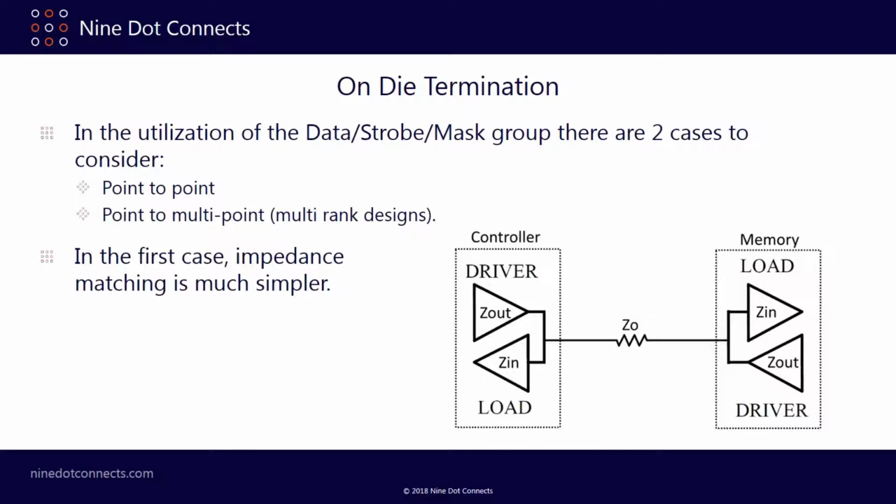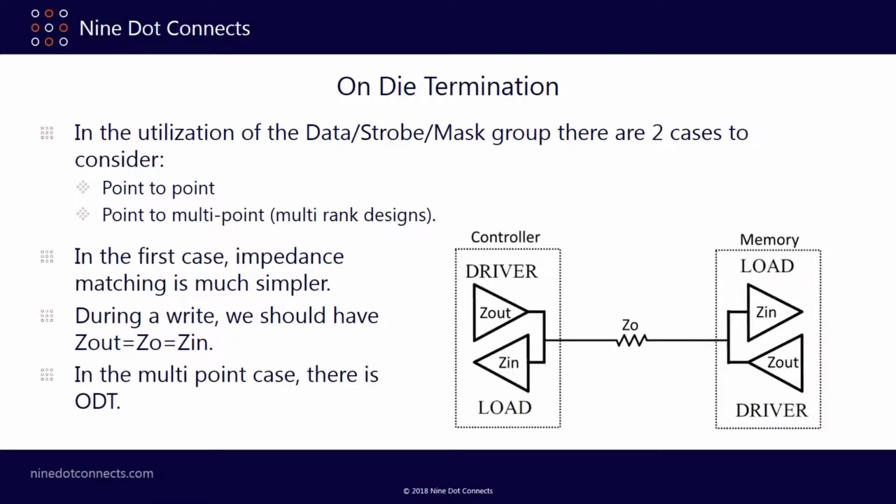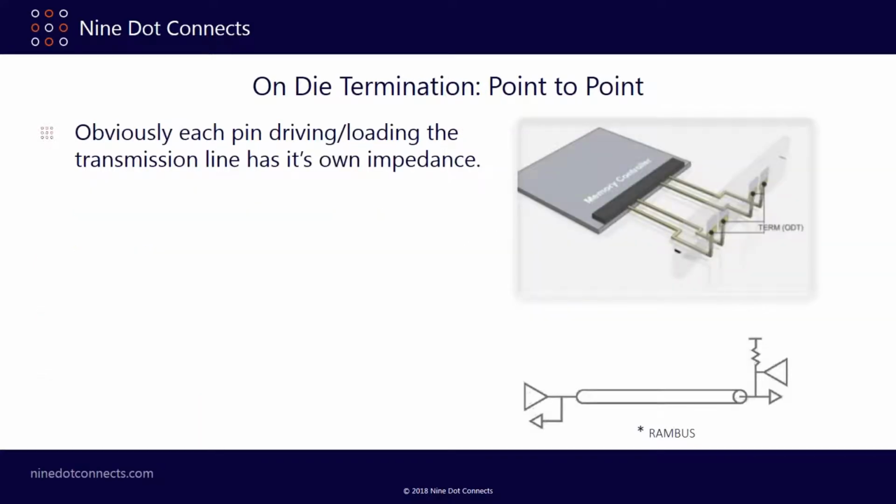In this first case, the impedance matching is much simpler. During a write, we would have the output impedance of the controller equal the transmission line, and that equals the input impedance of the memory itself. But in the multi-point case, we definitely need on-die termination. Obviously, each pin driving and loading the transmission line has its own impedance.